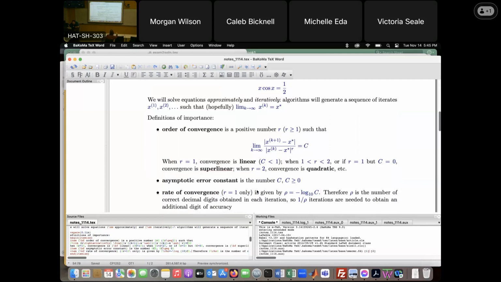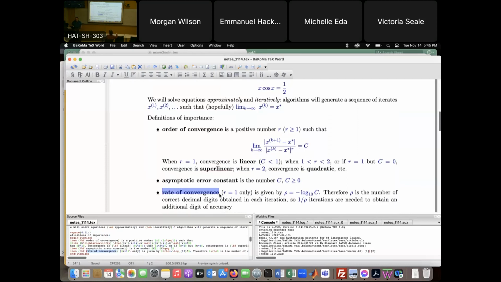I will say again, this is distinct from the notion of rate of convergence in chapter 2, because mathematicians independently come up with terms that are the same but mean totally different things in totally different contexts, and that's just how we roll.